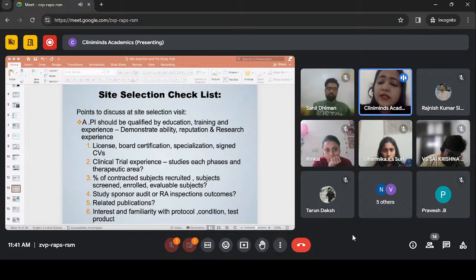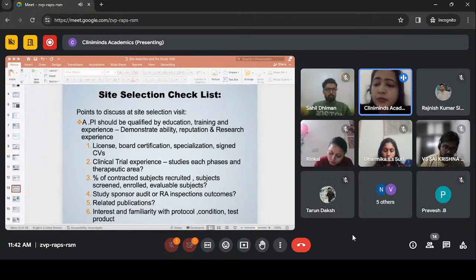First, when they reach the trial site, they have the investigators meeting, and they will request the investigator's CV. They will collect the principal investigator's CV first. In that, they are going to check the qualification. Suppose the sponsor wants to conduct the study for a bone disorder.